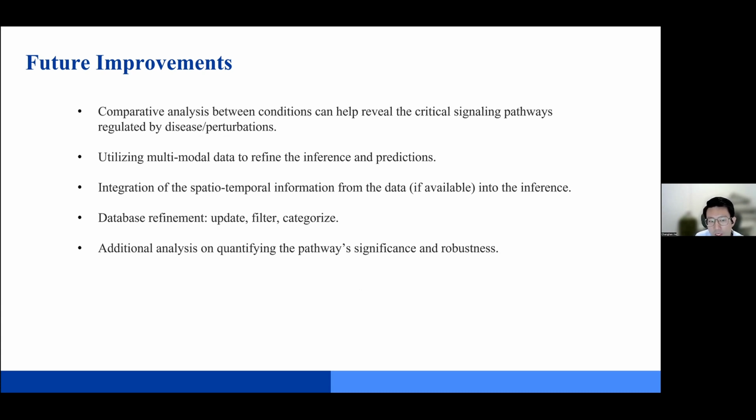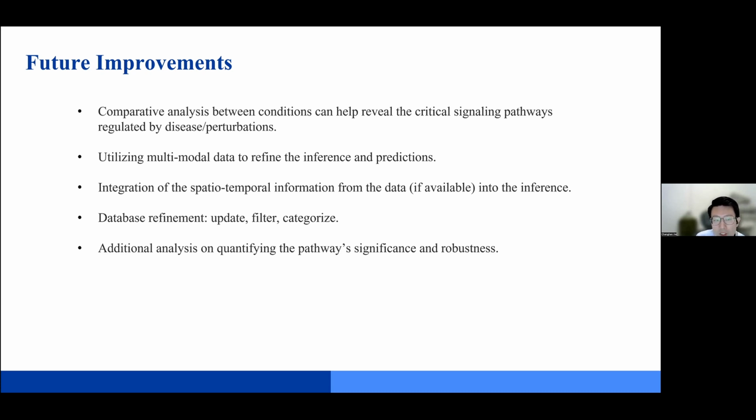If we want comparative results, we can do exFINDER analysis twice using different data from the different conditions. But it would be good to have a comparative analysis function between conditions, which can help reveal the critical signaling pathways regulated by disease or perturbations.